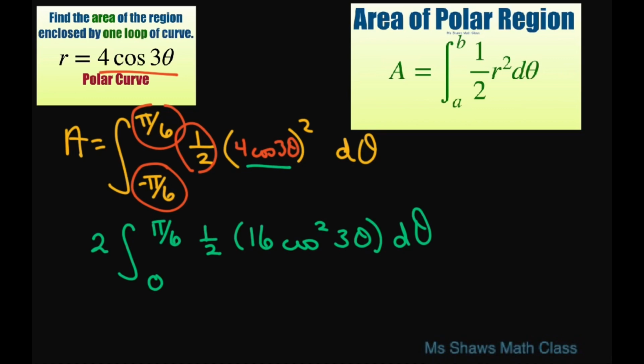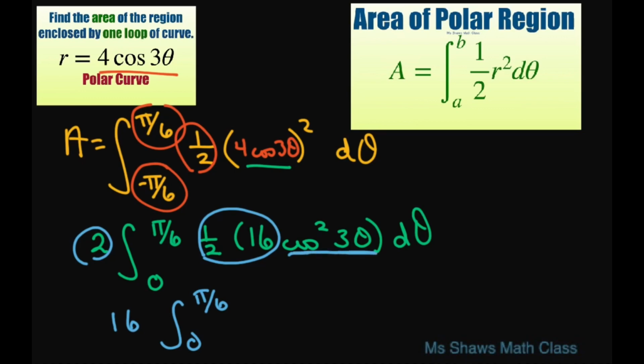Now what I can do is this is going to be 8, and 8 times 2 is 16. So we're going to get 16 times the integral from 0 to pi divided by 6 of, and I'm going to simplify this using properties of my identities. So I'm going to write this as 1/2 times 1 plus cosine.